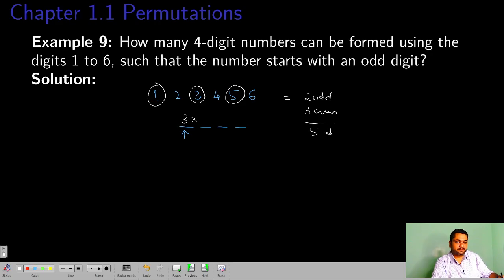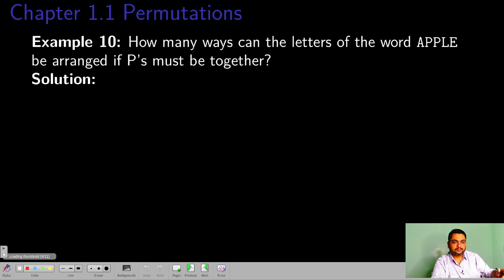So total 5 digits are left out. From 5 digits, I have to arrange how many? 3 places, 1, 2, 3. So 3 into 5P3. 3 into 5P3 is, I think, 3 into 5 factorial divided by 2 factorial. So this is equal to 180. You get 180. That is how you have to solve it.